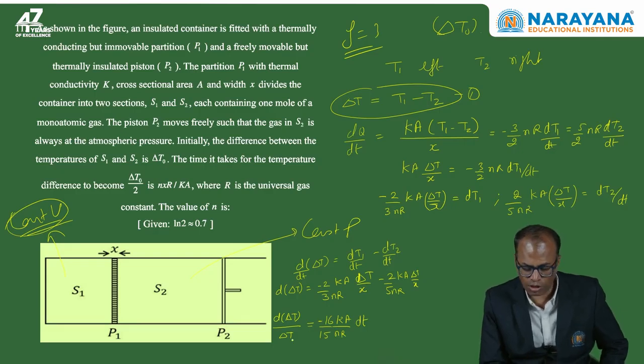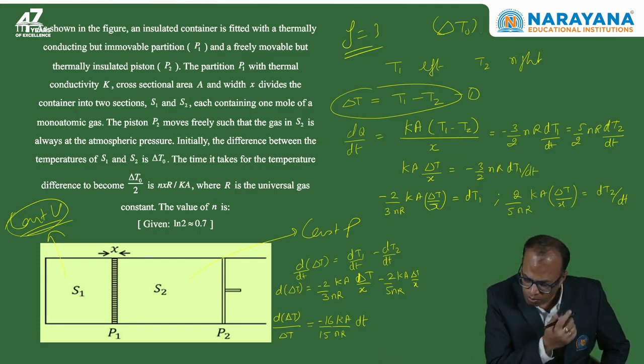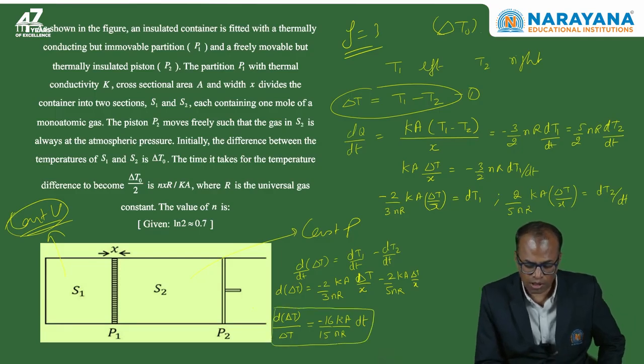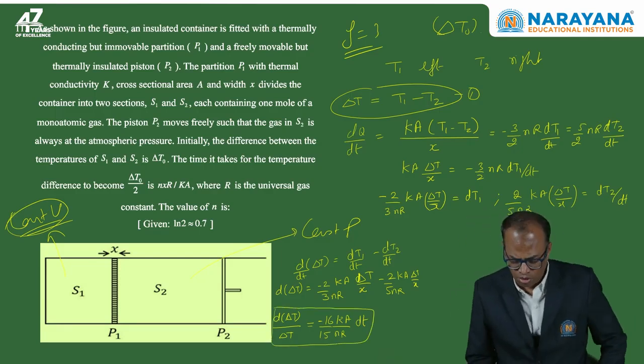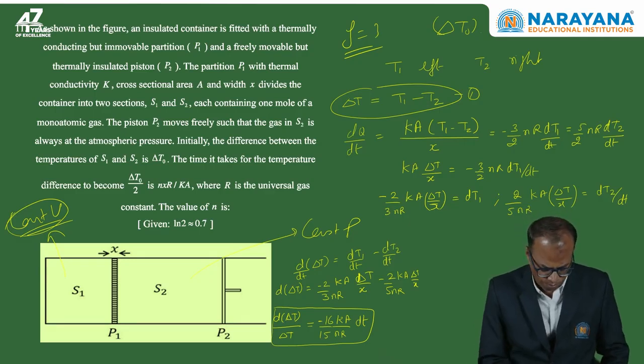So this differential equation is there, which we need to integrate, and we want to find the time it takes for temperature to become delta T by 2. So the time in which temperature will become delta T by 2 is ln 2 times a factor. Anyways, we'll integrate it.